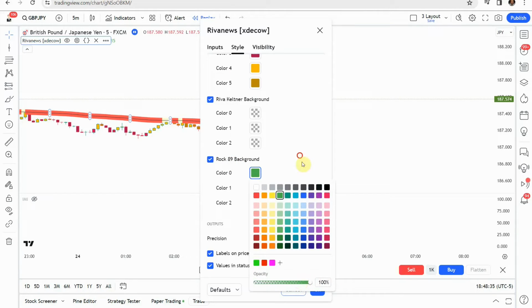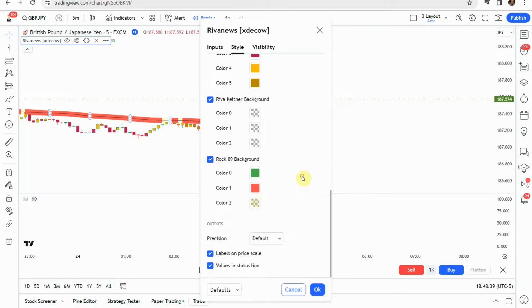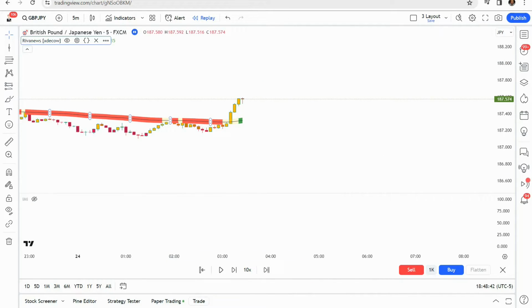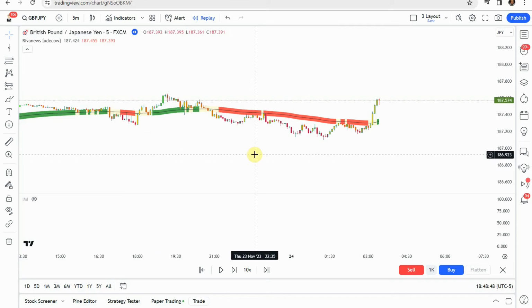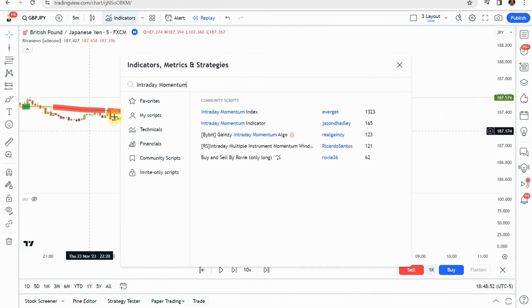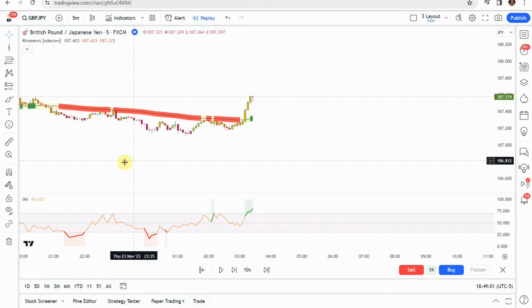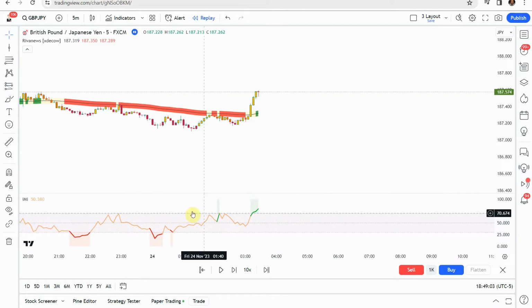We're going to move that to 100 opacity, and on color 1 we're going to move that to 100 opacity, and that should give you exactly what you see here on screen now. Now, the next indicator that we are going to add to the screen is the intraday momentum index, this one right here. We will leave that on default, and it'll look like this at the bottom of the screen.